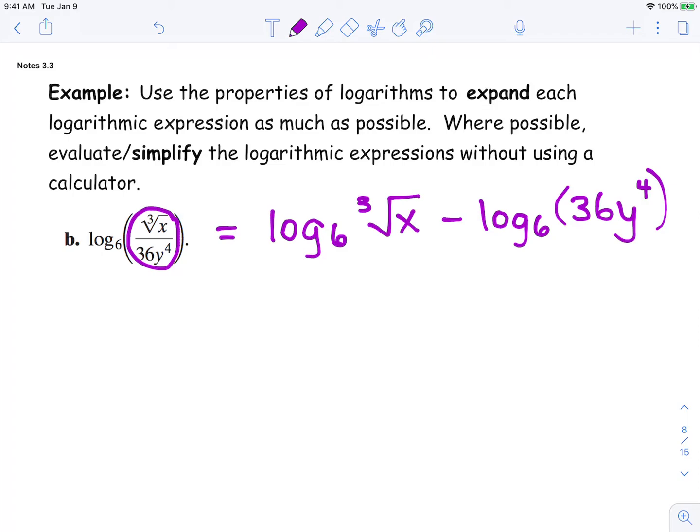We're going to now change this cube root of x to a fractional exponent. So that'll be 1/3. These two are multiplied together, so we can use our product rule.